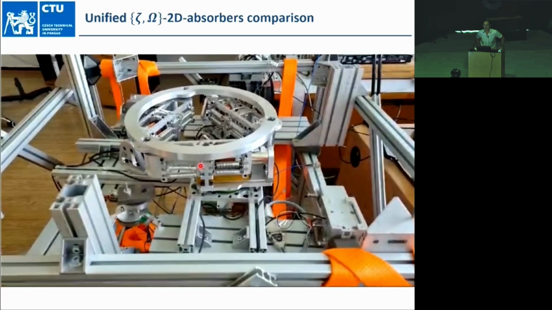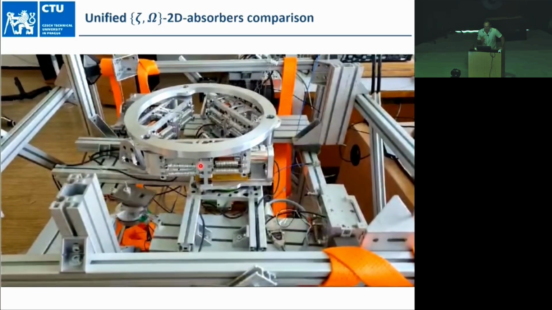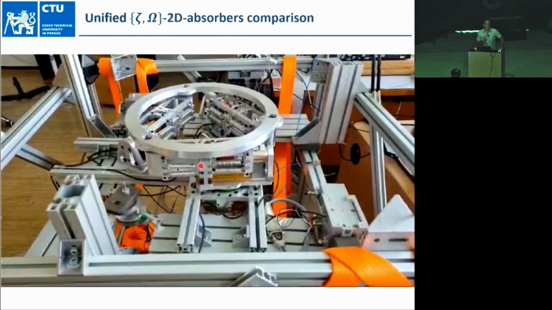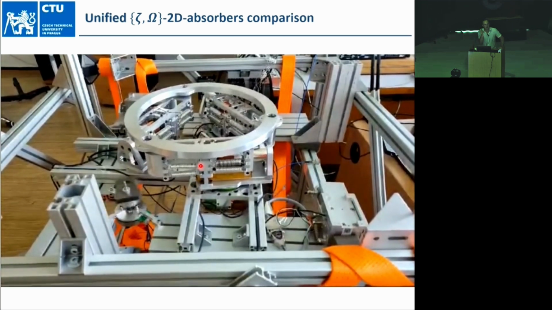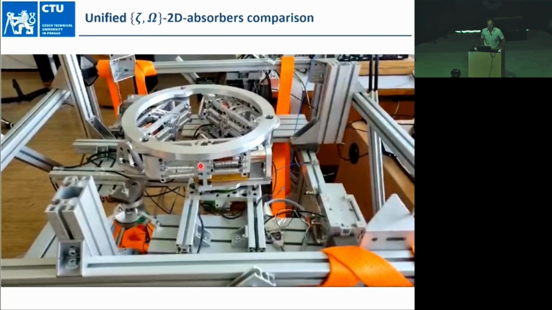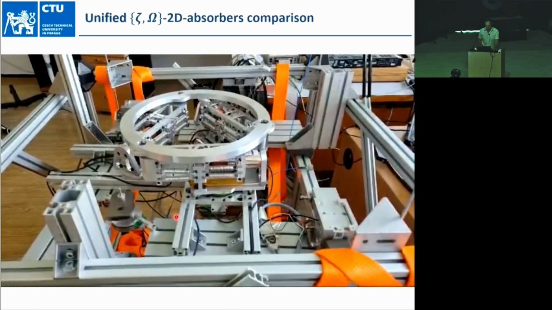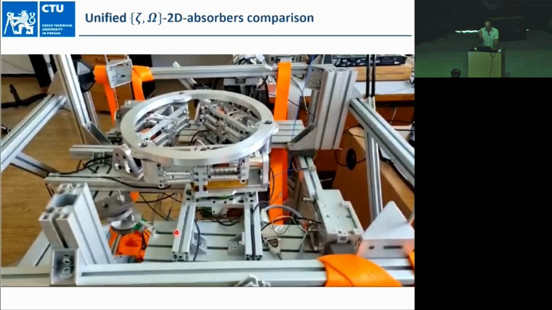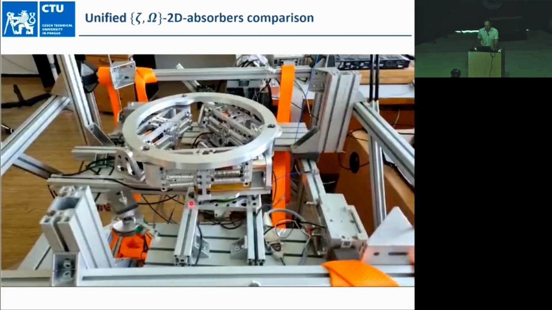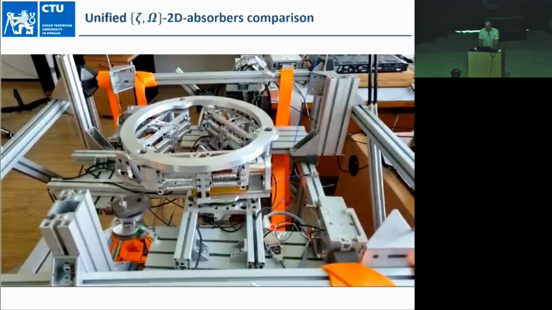So we have to also include the algorithms for compensating the friction in the links, and on top of that we use the delayed resonator or delayed feedback for each of the links. So now you see that after putting these two things, the platform was silenced.